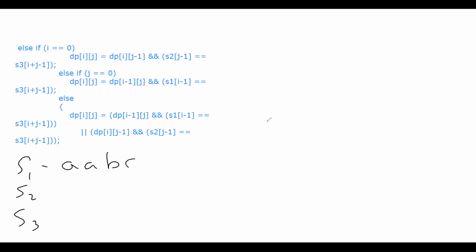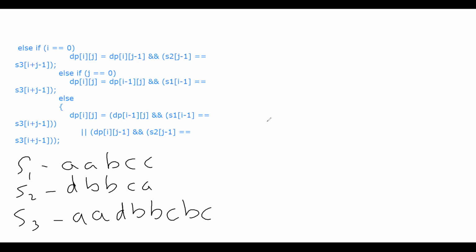And then what is S2? S2 is D double B. And CA. And what is S3? Your S3 is double A, D double B, CBC, and AC.